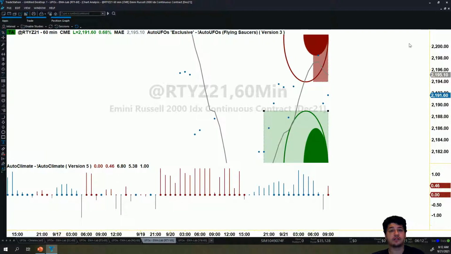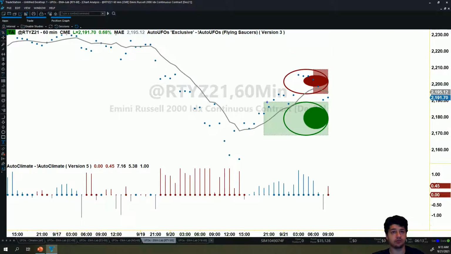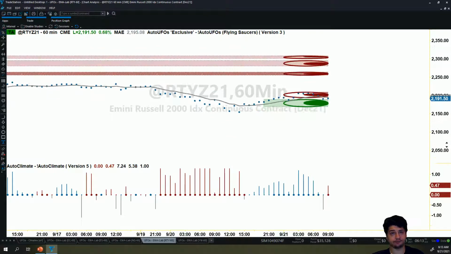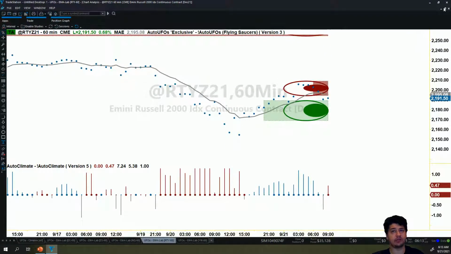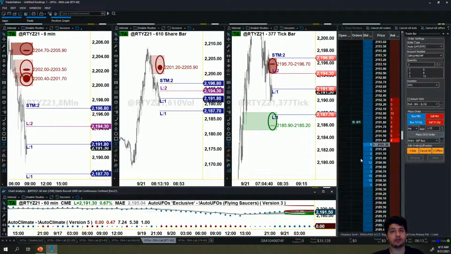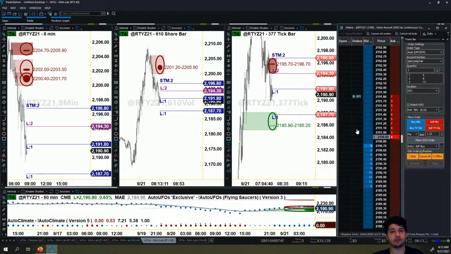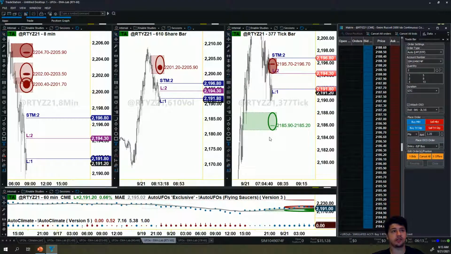So price has already gone into this UFO on this candle, so we can disregard this UFO here and look for another one. We don't have anyone down below unless we load more data, but right now we're just going to go ahead and cancel it. So this 2187 we're going to cancel.